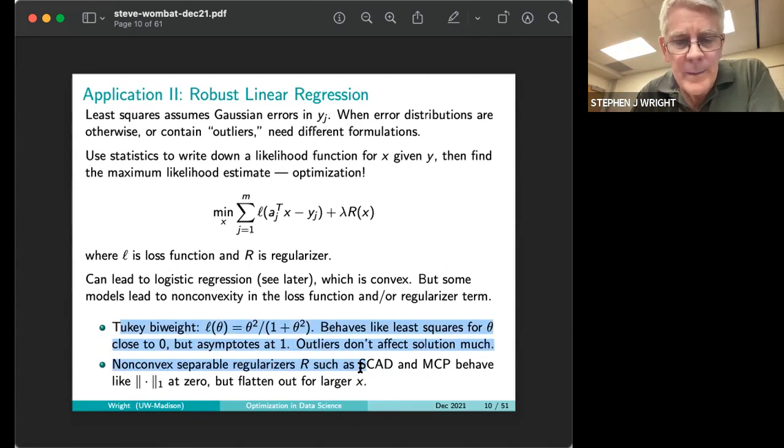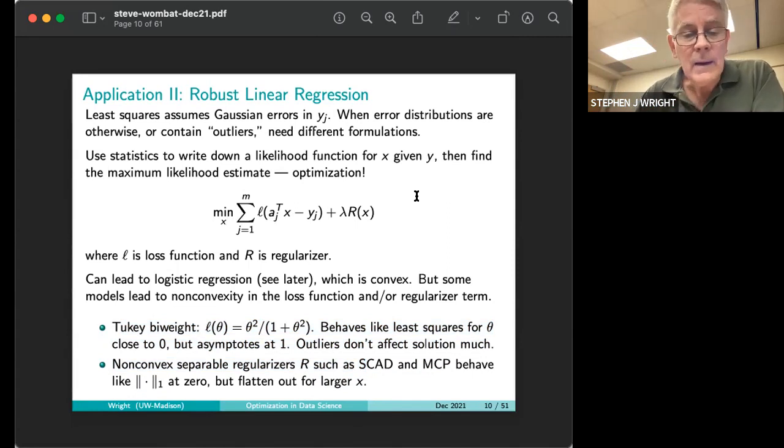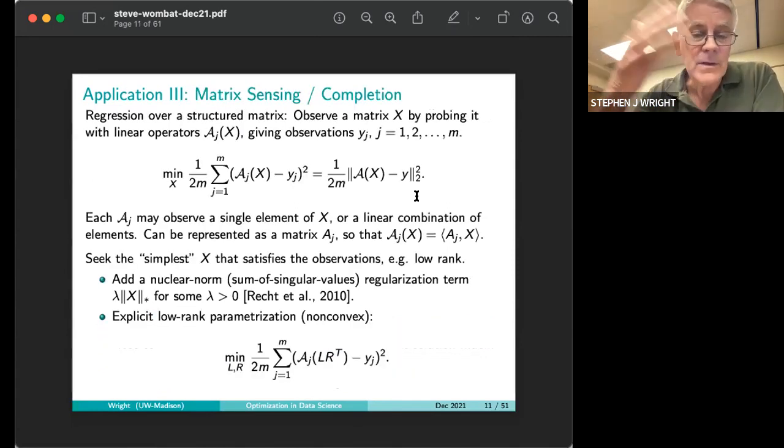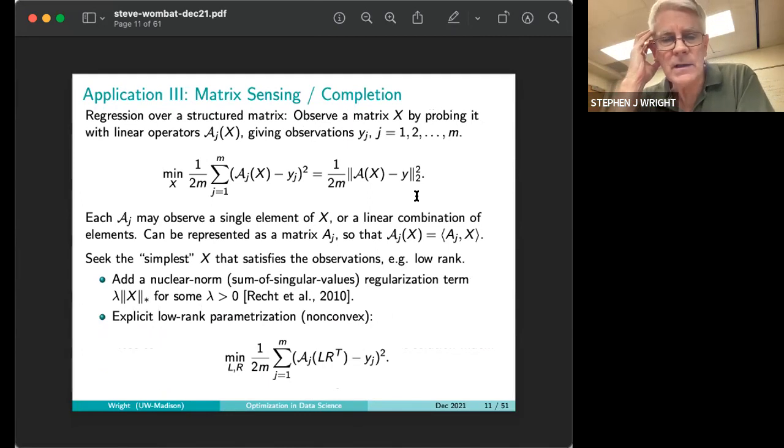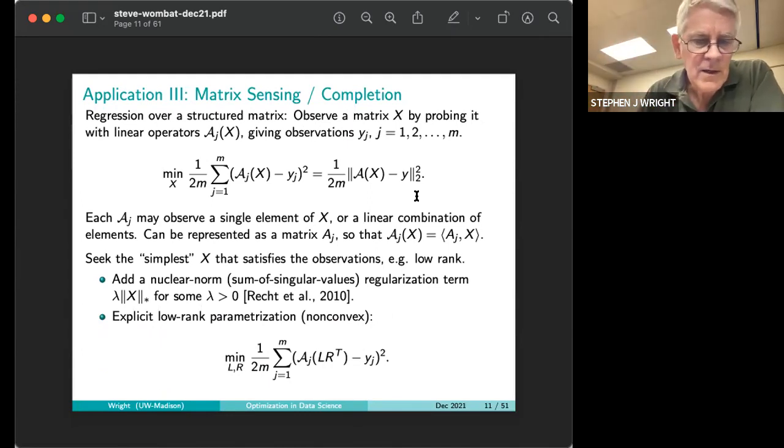But all of them end up being optimization problems, and you can write them down in exactly this form and minimize them over X. And there are some challenges there because they're non-convex and they're non-smooth, and so that throws up some interesting issues. But we sort of know how to deal with those.